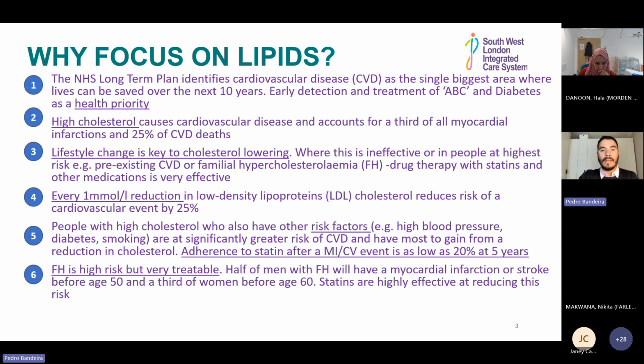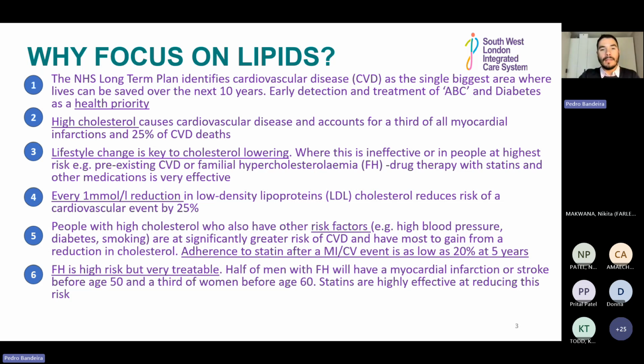And the single biggest areas that they've identified was the ABC, which stands for atrial fibrillation, blood pressure, and cholesterol, and diabetes. And high cholesterol is known to be associated with a third of all heart attacks and 25% of deaths. And we know that lifestyle changes and diets are very important for lipid management. However, it's normally not sufficient to bring patients to the lipid targets as per national and other international guidelines.